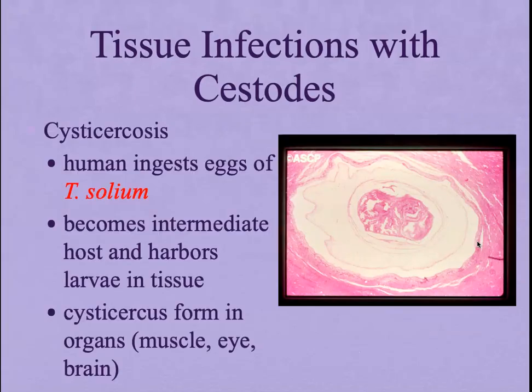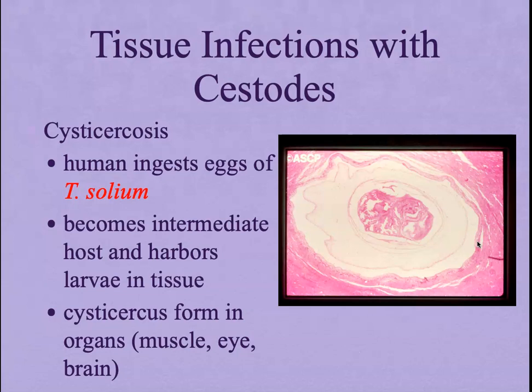The last slide is an important tissue infection that we need to cover. So far all these cestodes have been intestinal, but this is a very important tissue infection to cover, and it's called cysticercosis. This is when humans accidentally ingest the eggs of Taenia solium.